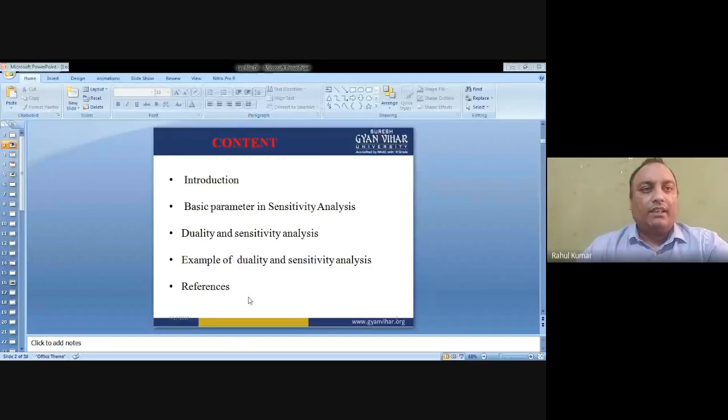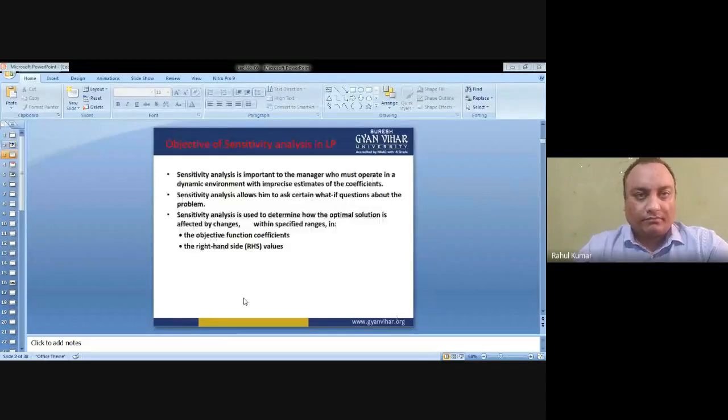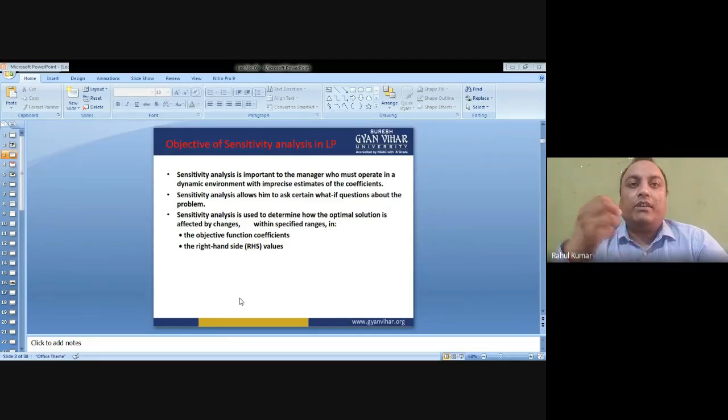And what is the objective related to sensitivity analysis in linear programming? Objective means, if any student learns this lecture, what will we get from this lecture? These are the objectives.